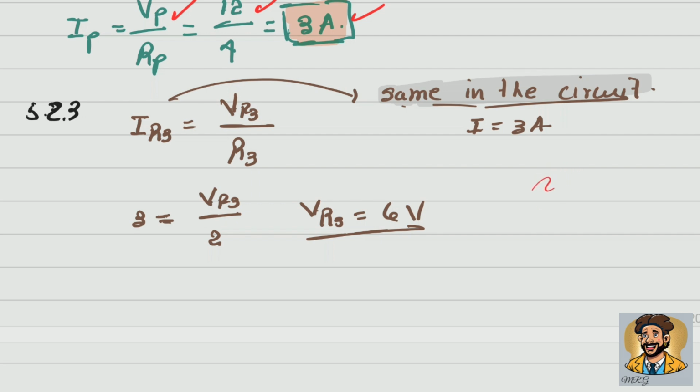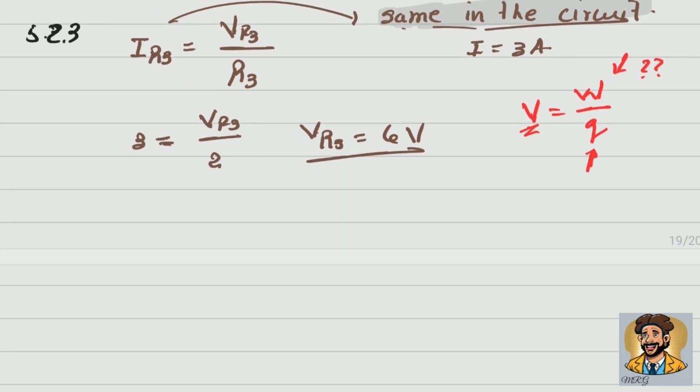Remember that we're looking for energy, and potential difference is equal to energy divided by charge. We're looking for energy. This here is a question mark. We have now the potential difference, but we still have to look for charge. Where are we going to look for charge? Well, we have to go now to the definition of current.